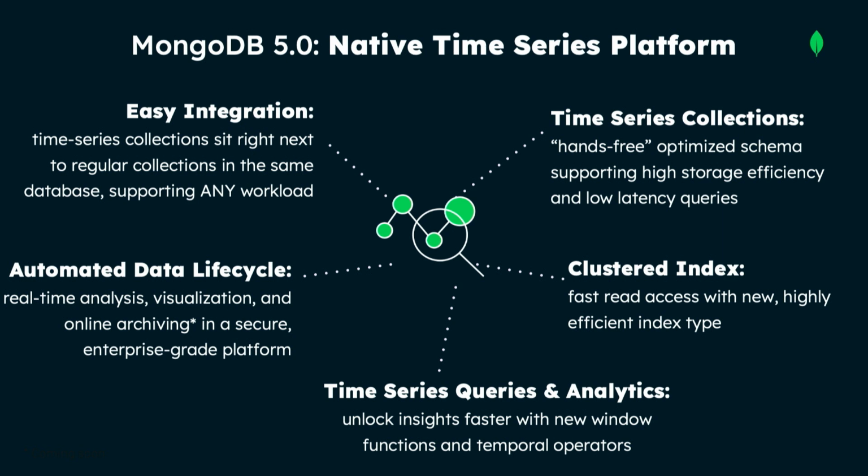Behind the scenes, we create a clustered index to optimize the index size and also make it very fast for read access. And we have launched two different analytical capabilities, the window functions and also temporal operators to work with time series data.